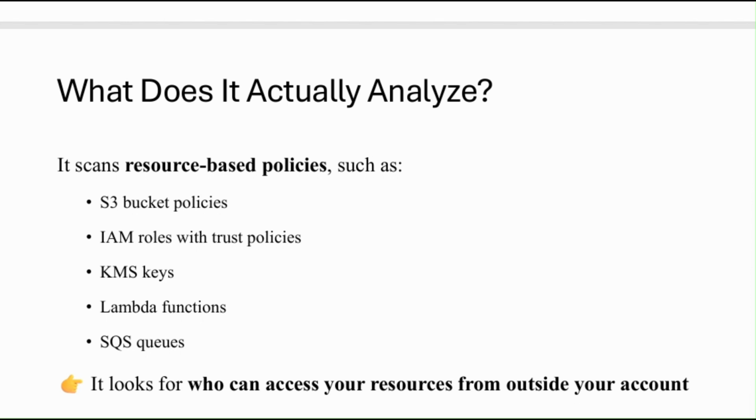All of these have permission policies. IAM Access Analyzer checks these policies and says who is allowed to access these resources. Are there people from outside who should not have access? So it is like an X-ray machine for resource policies. It sees through them and checks what is hidden inside.